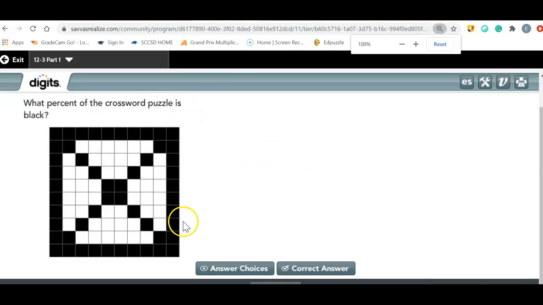Perfect. If we know that there are 100 total units or squares in here, we could just count the number of black squares, and that is going to be our percent. Okay, because when you write a percent as a fraction, the denominator, the bottom number, is 100. Your numerator is just the percent.